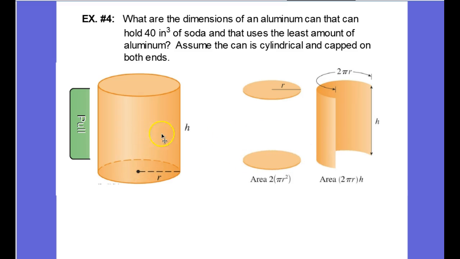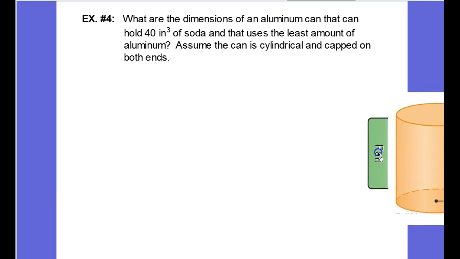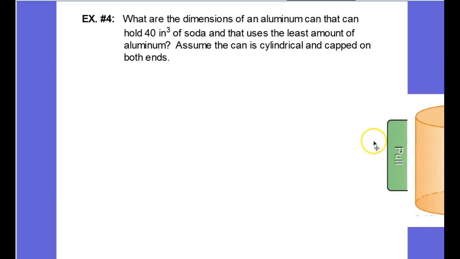And then we have the rectangular piece of aluminum which is rolled around the circles, and that has an area of 2 pi r, the circumference of the circle, times the height. And this actually allows us to derive a formula for the surface area of a cylinder. It's 2 pi r squared plus 2 pi r h, adding all of these areas together. But let's start with that surface area formula.